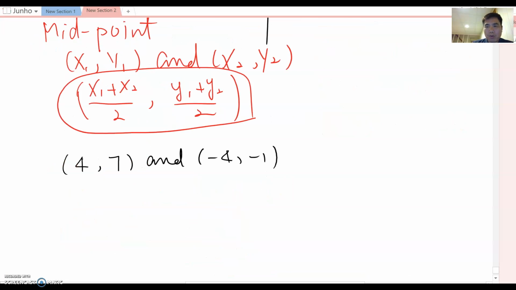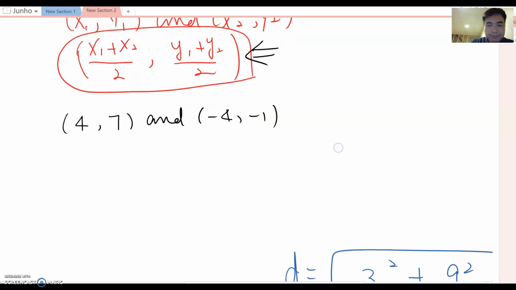Then let's do one more question. Given points 4, 7 and negative 4, negative 1, we want to find the midpoint of these 2 points here. Now we know this formula already, so I totally apply this formula this time.